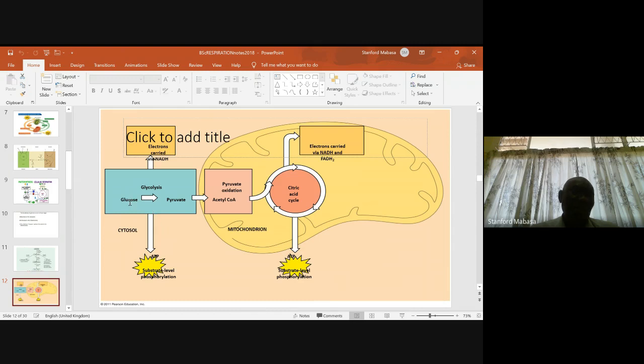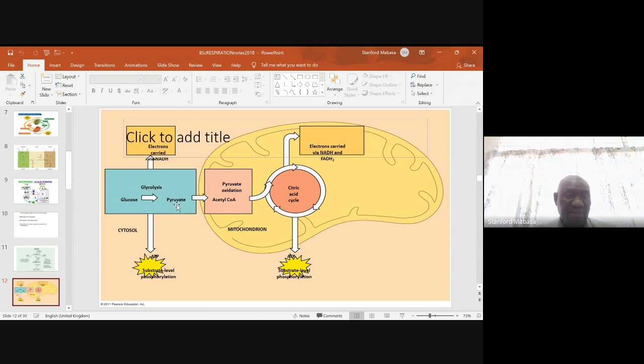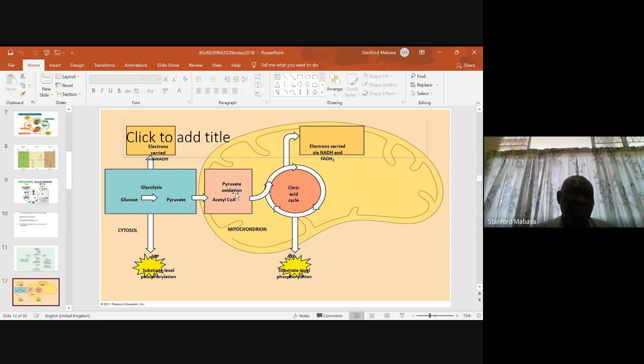So if we start with glucose, we have glycolysis and the production of pyruvate. Then pyruvate oxidation, this is the step which requires oxygen, to produce acetyl coenzyme A. Acetyl coenzyme A will initiate the citric acid cycle by combining with what is known as oxaloacetate.